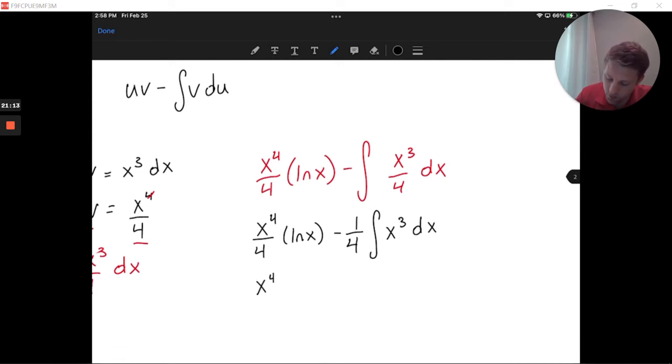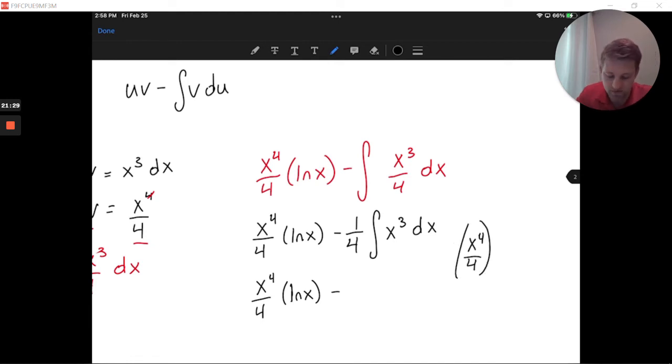We have x to the 4th over 4 times the natural log of x minus, well, we have 1/4 here, and the antiderivative for x to the 3rd becomes x to the 4th over 4.